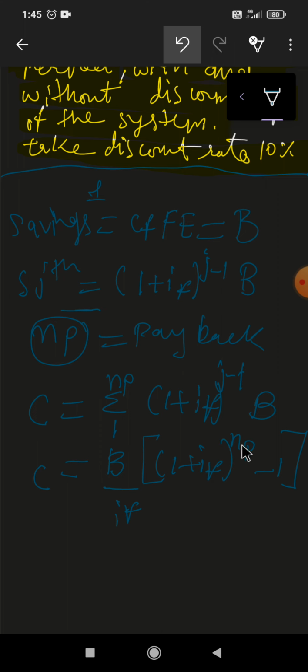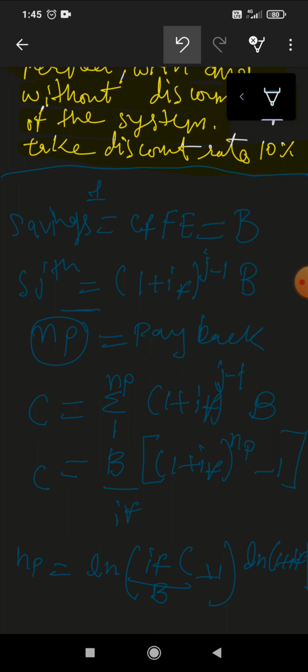So we will get NP is equal to log of IF into C, we are multiplying IF into C, divided by b, and this minus 1 will come to this side, so plus 1, and we are taking log on both the sides, so we will get ln of 1 plus IF in the denominator. So this is the formula for payback period.